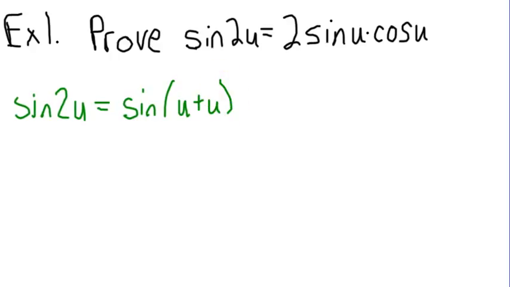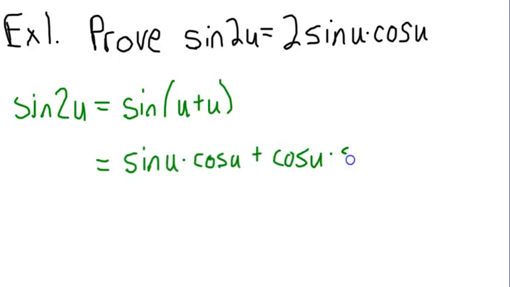The reason we would do that, now we have that sine of a sum, so we can rewrite this as the sine of u times the cosine of u plus the cosine of u times the sine of u.